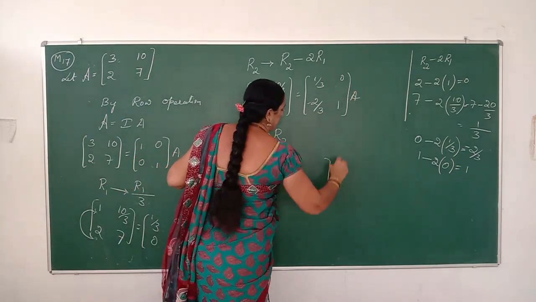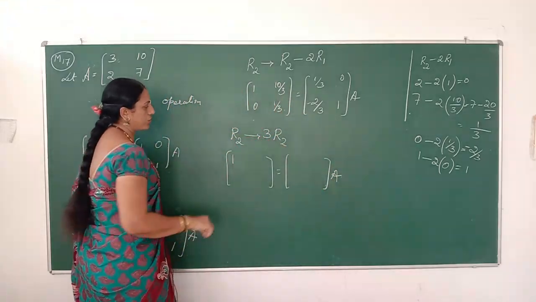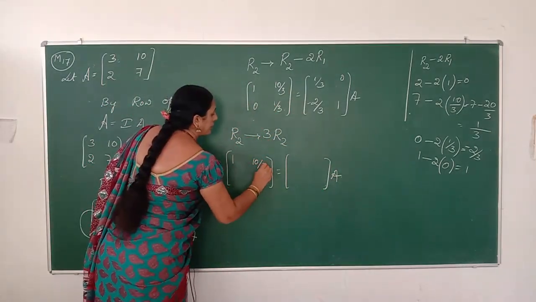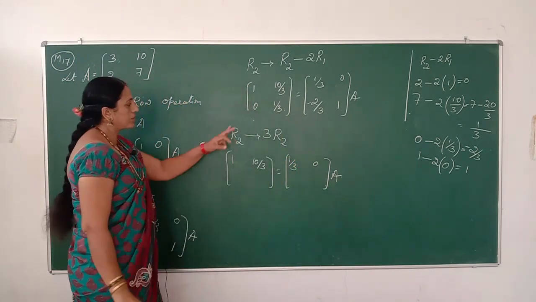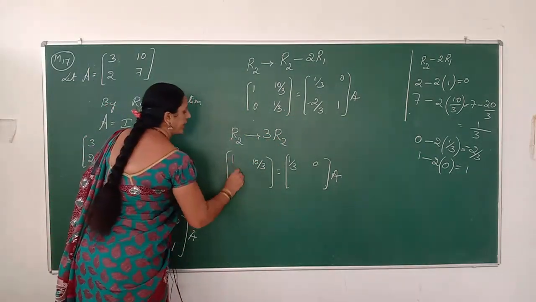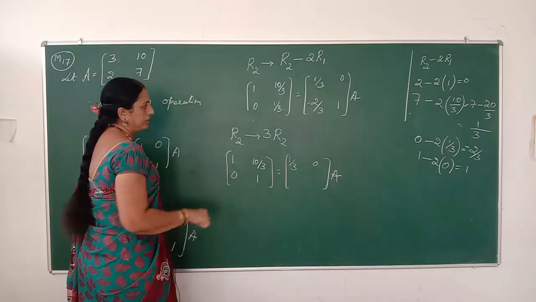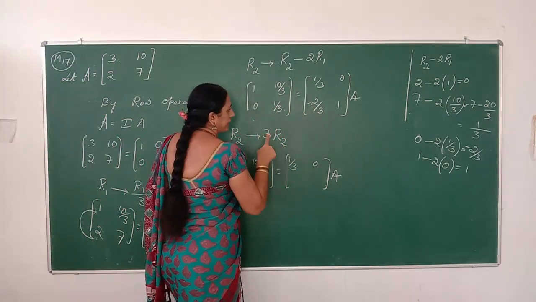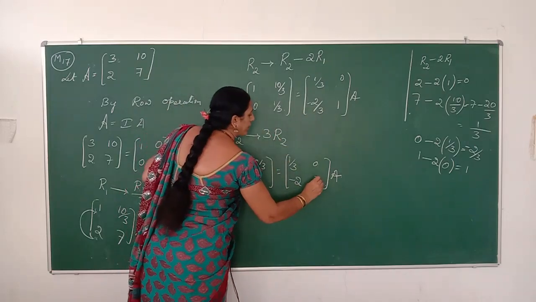The first row remains 1, 10 by 3, 1 by 3, 0. Now the second row elements are multiplied by 3: 0 into 3 is 0, 1 by 3 into 3 is 1, minus 2 by 3 into 3 is minus 2, and 3 into 1 is 3.